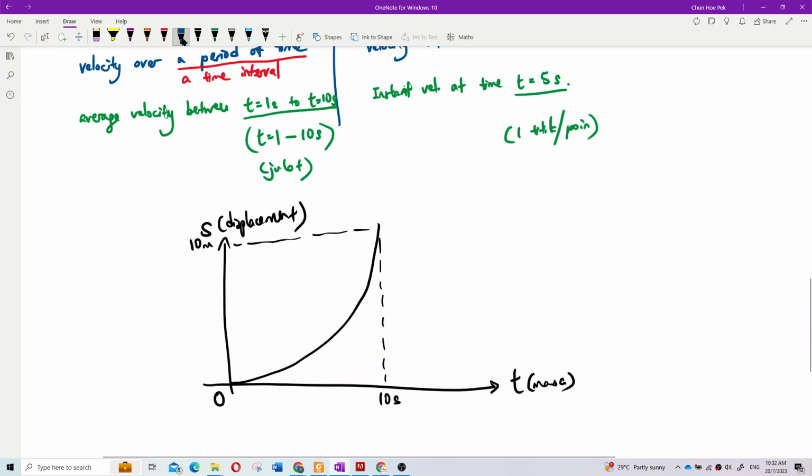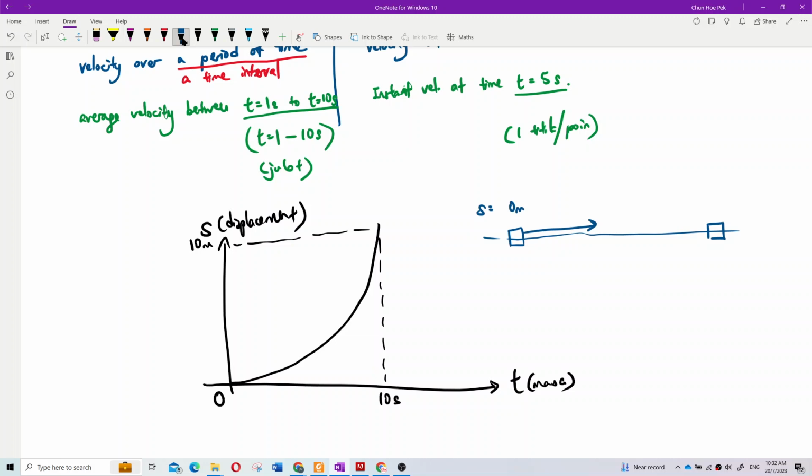Maksudnya kereta ini bergerak macam mana? This car, how does it move? It moves to the right. In terms of displacement, it moves from 0 meter to 10 meter. At 0 second, it starts from origin, and at 10 second, it reaches the 10 meter point.